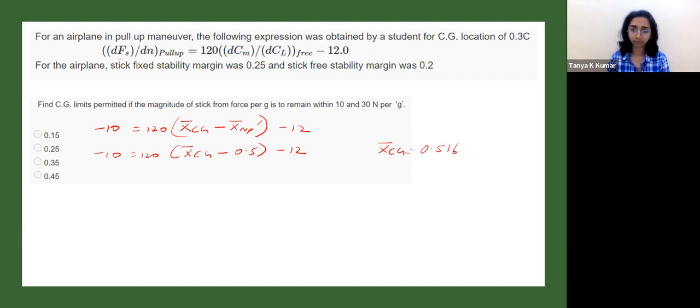Correct? Correct me if I'm wrong. I'll just go to the next value.